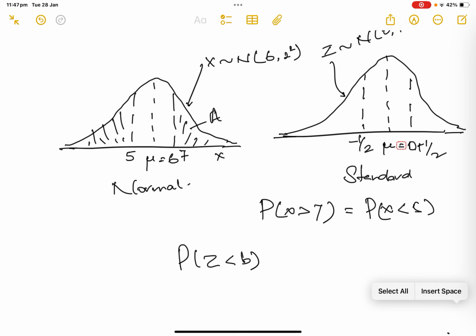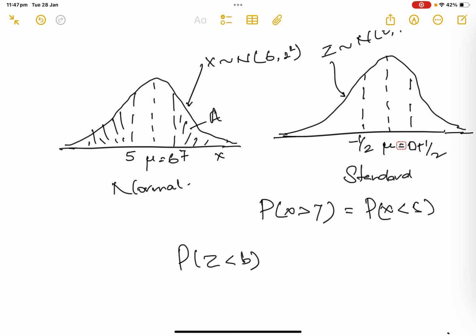But what we want is just 5, which is half a standard deviation. The 0 is the mean of the Z distribution. Anything on the left-hand side is negative, anything on the right-hand side is positive.